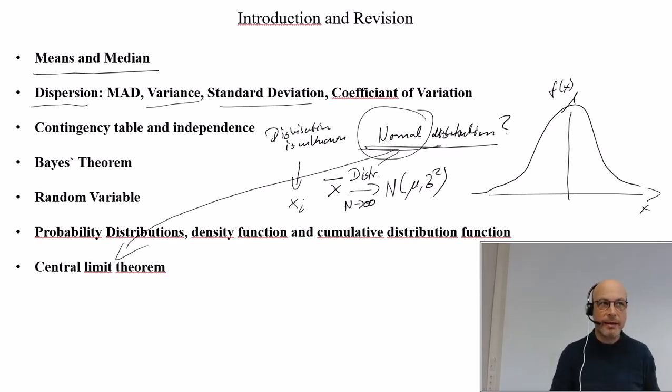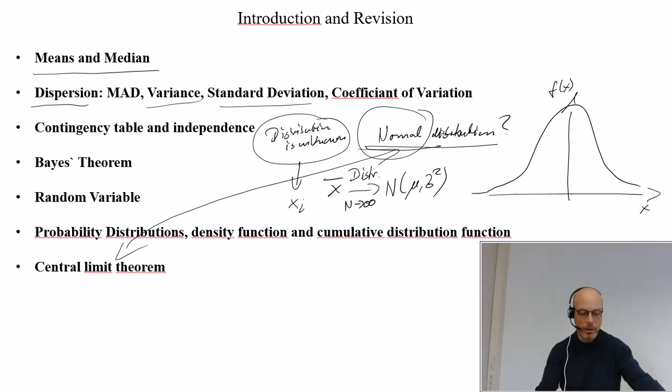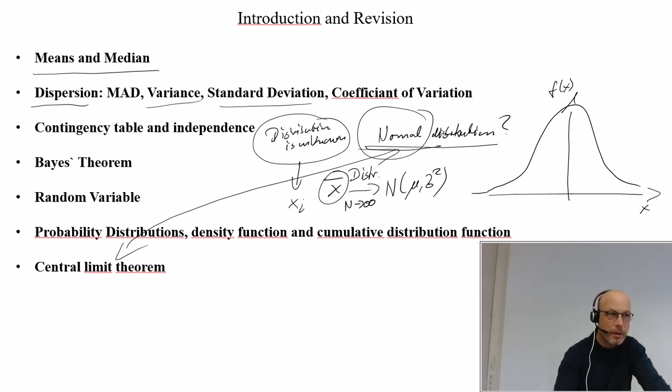Remember, we can act as we want. Although this distribution is unknown, we know that if we ask enough people, if the number of our data sets is large enough, then the average of our data set tends to the normal distribution.